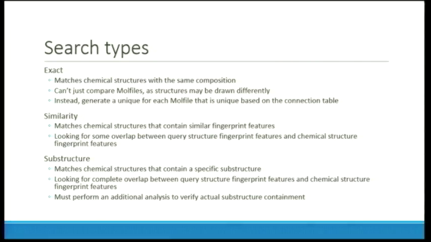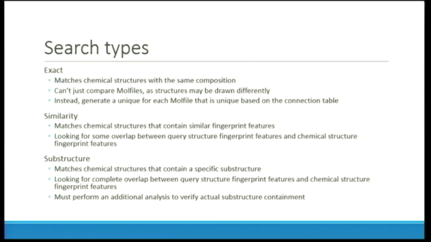Finally, you want to be able to search on the basis of substructure. Substructures are essentially a subset of a molecule. So you may say, I want to search for this exact subfeature. When you perform that search, it goes through and identifies which molecules actually contain that exact substructure.